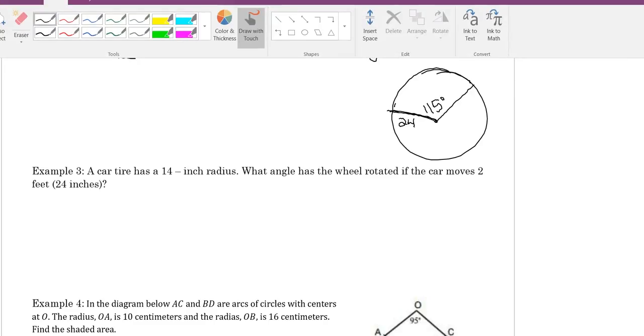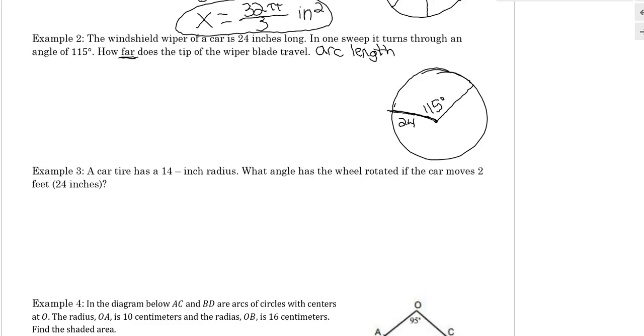Okay. So now all I'm doing is finding my arc length. So again, the length of my arc, right, it's traveling 115 degrees, is going to be same as the length around the whole circle, 2 pi r for circumference, if it traveled the whole circle, 360 degrees.